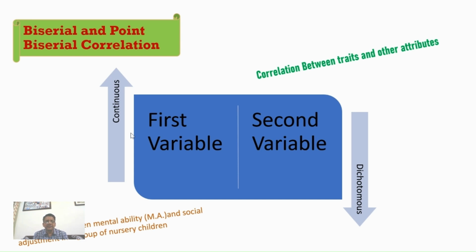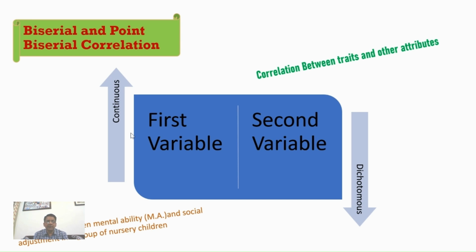In some other cases, the first variable is of continuous nature, but the second variable has some dichotomy. It means the second variable can be separated into two parts, or its nature is dichotomous. Then the Pearson correlation method should not be used, and in such a case, the biserial and point biserial correlation methods should be used.